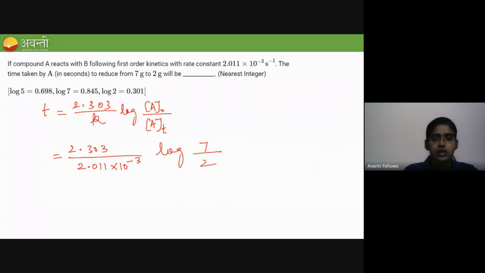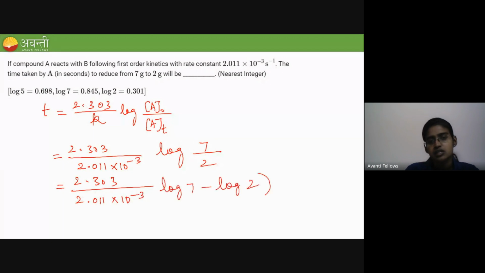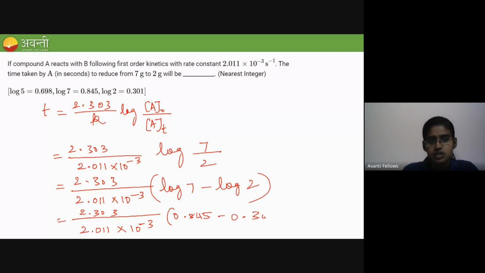So what is it? 2.303 by 2.011 into 10 power minus 3 into (log 7 minus log 2). Log of A by B is equal to log A minus log B, right? So we have to do it like this. It is equal to 1 into 10 power 3, log 7 is 0.845 and log 2 is 0.301.